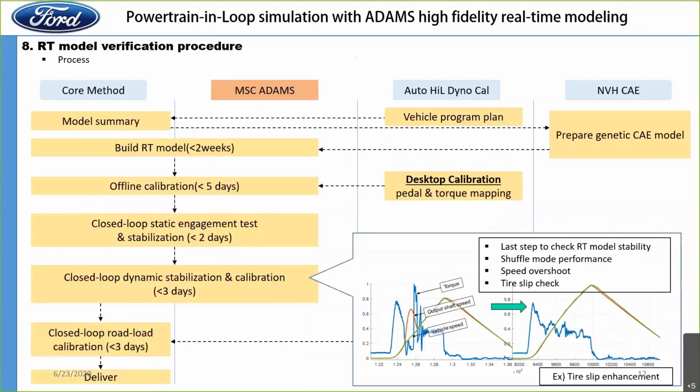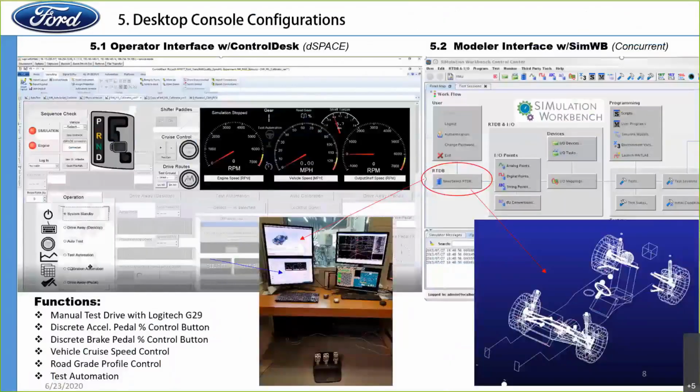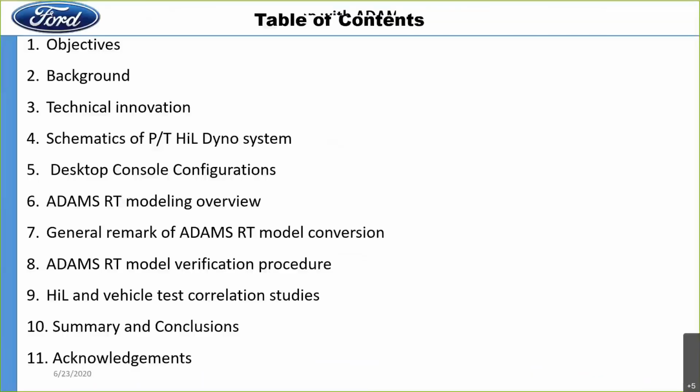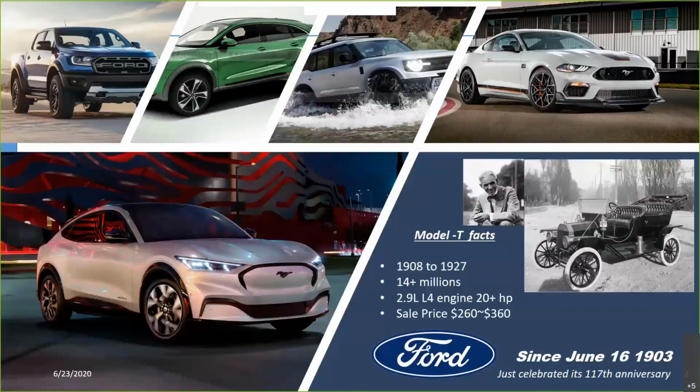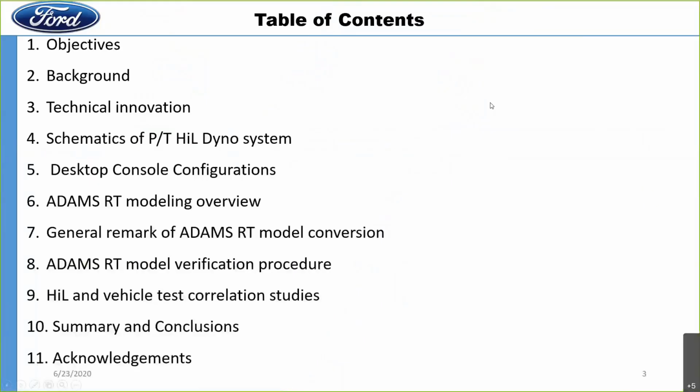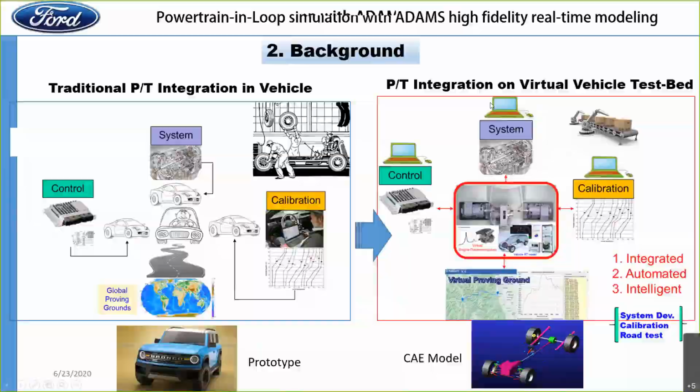Therefore, going back to the original, if we have the same power pack for this vehicle on the top line, we can quickly just switch the Adams model to represent the behavior of this vehicle, instead of building a prototype for each one, which brings us a huge efficiency.